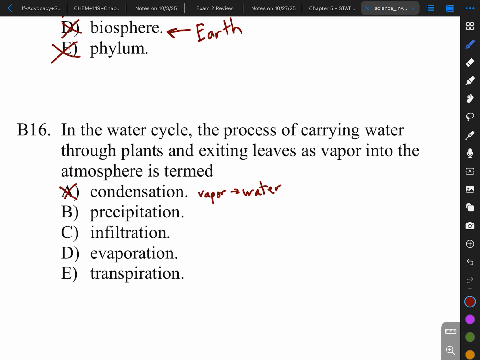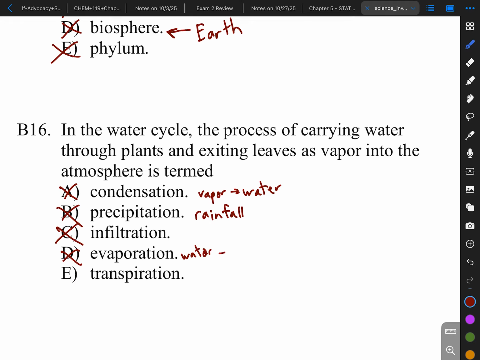Precipitation technically is just the rainfall. Once condensation turns into water droplets, it falls down. Infiltration, I don't know in a biological context what that would be talking about. Probably the infiltration of water into soil. Nothing related here. Evaporation is obviously turning water into vapor.